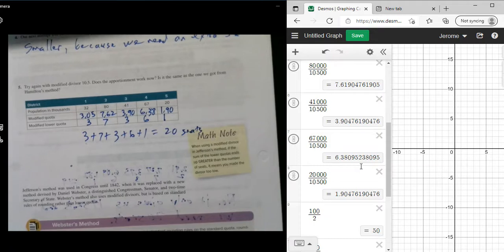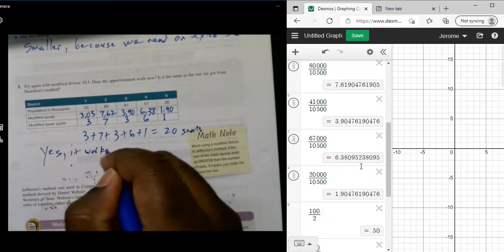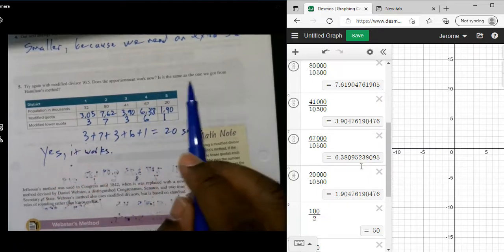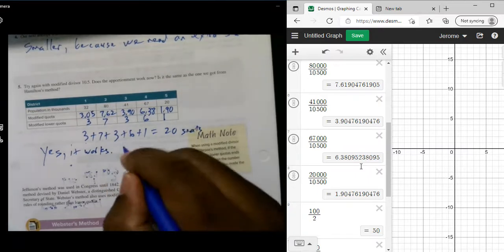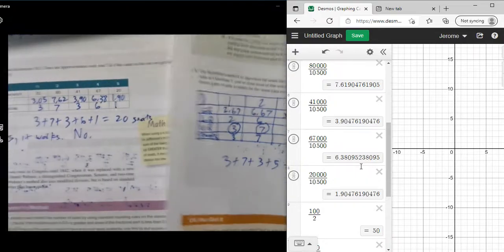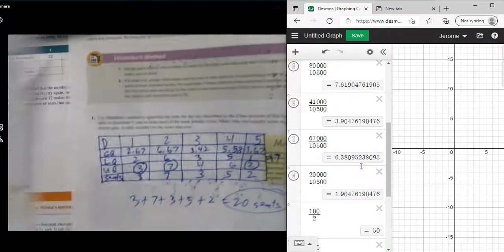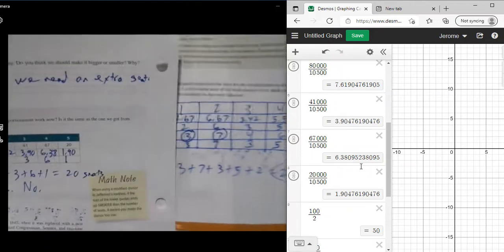Now, it says here, does the apportionment work? We could say yes, it works. And then it says, is it the same as the one we got from Hamilton's method? And you could say no. The districts that are different, it looks like District 4 and 5 are the only ones.